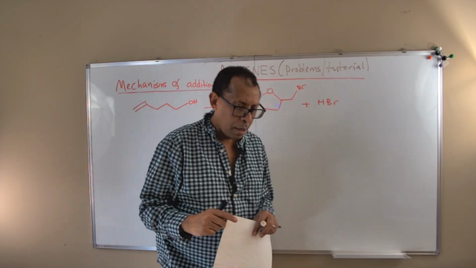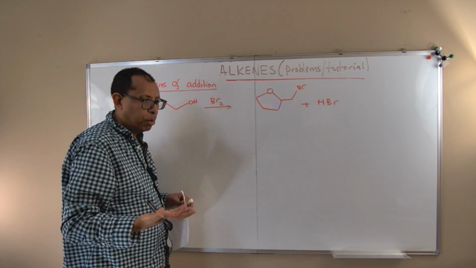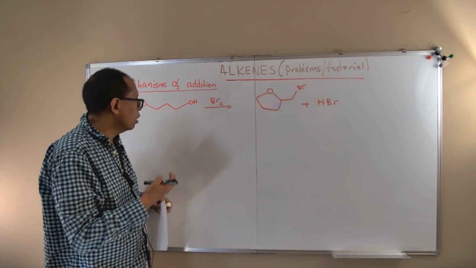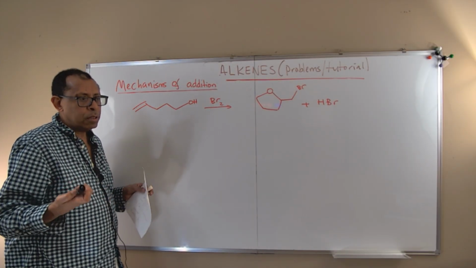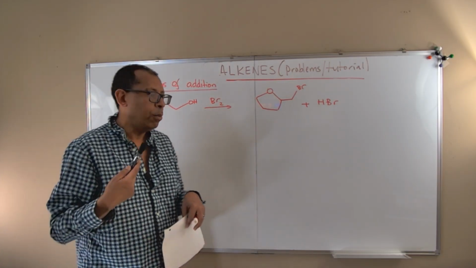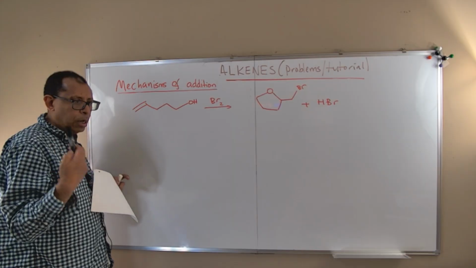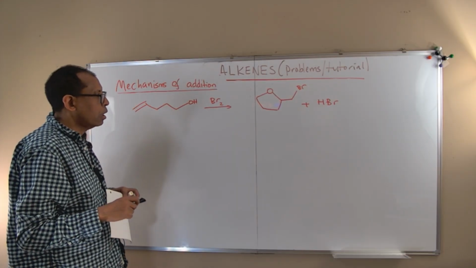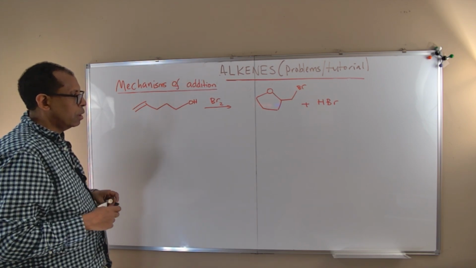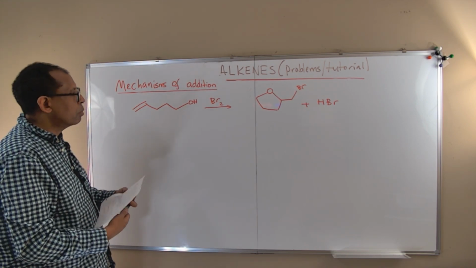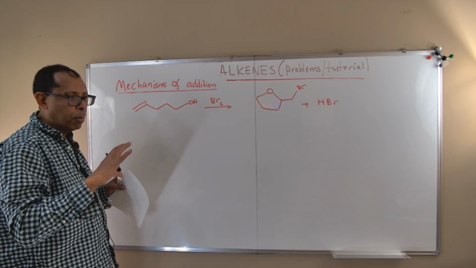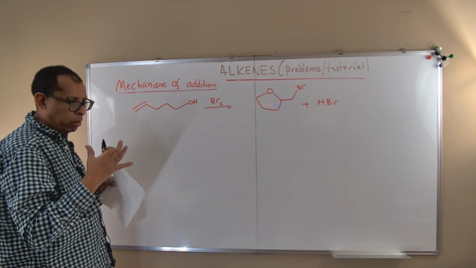When you react bromine, a very strong reactive reagent, with an alkene, the first thing that should happen is an addition reaction. We know alkenes undergo addition reactions, so first the bromonium bridge would be formed.